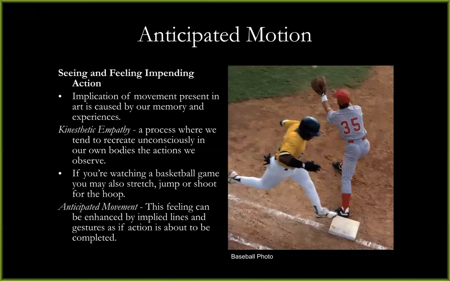So if you watch a tennis player swinging the racket, your brain and body are sort of imagining what that motion feels like. And sometimes you've all seen people who get very involved in a sports game and they're jumping and they're up and they're moving, their bodies mimicking what's happening on the screen and in the game.